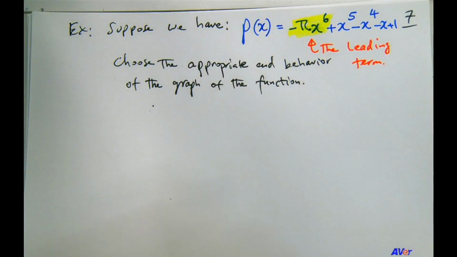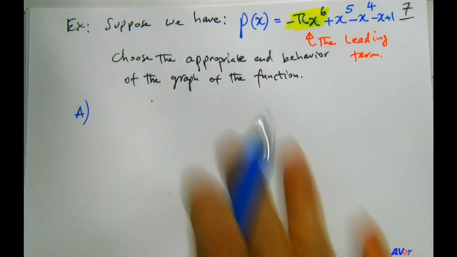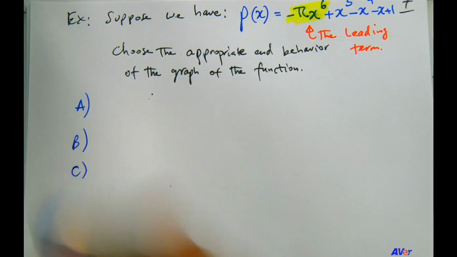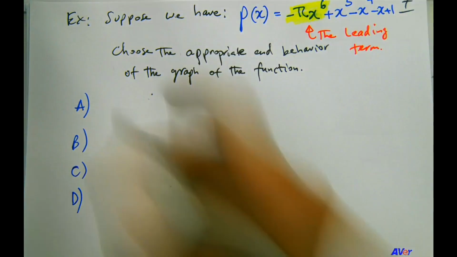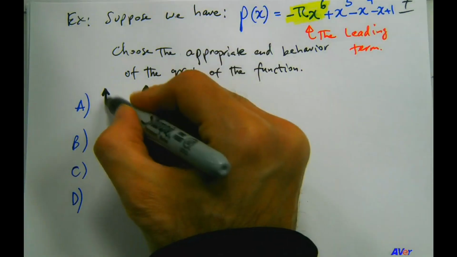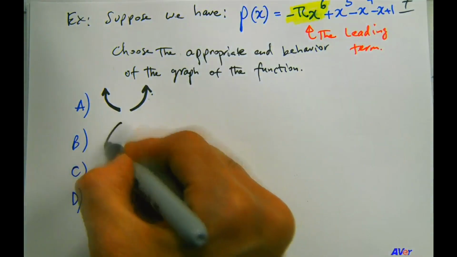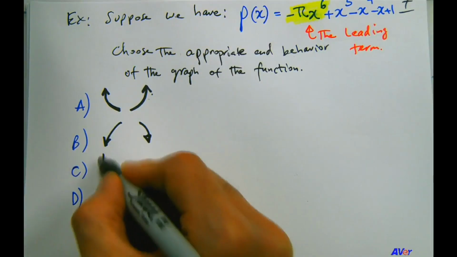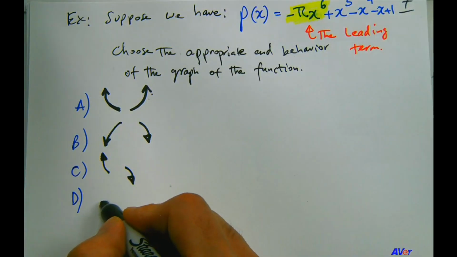Okay, so let's say A, and I'll just list 4 answers, B, C, and D. Let's say A is doing this kind of behavior for the end part of the graph. B, let's say it's going like that, downward. And let's say C is this kind of behavior, and let's say D is this kind of behavior.